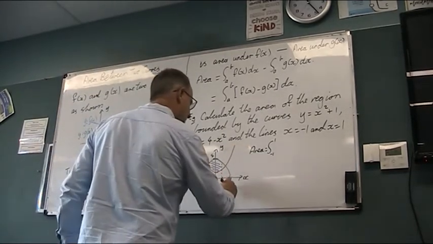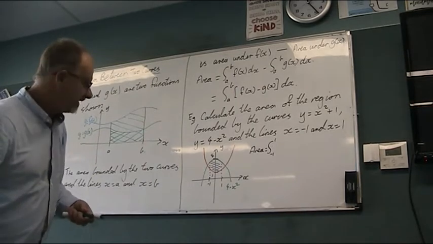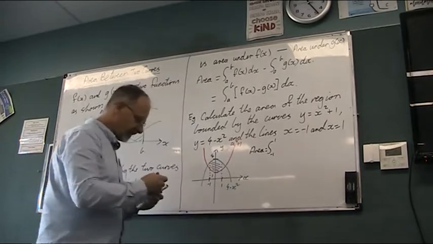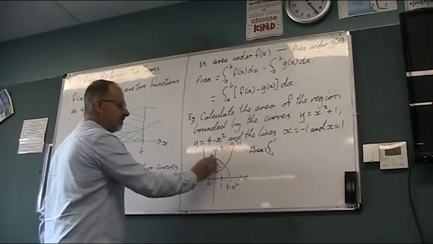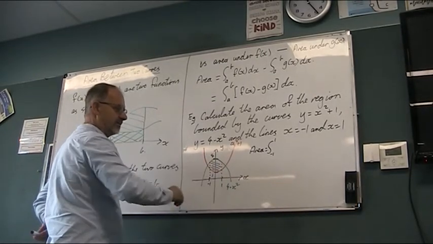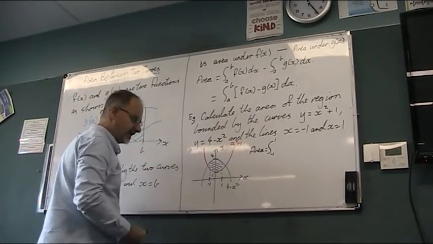The lower one is x squared plus 1. So the upper one in the region we're talking about is the green one, and the lower one's the red one. If we were looking somewhere out over here, for example, that would swap, and we'll get to that.